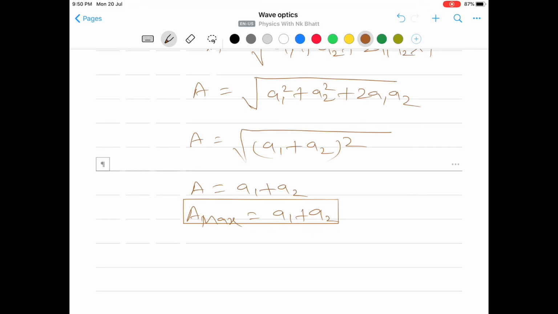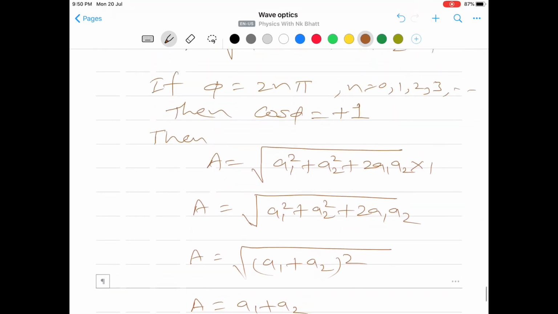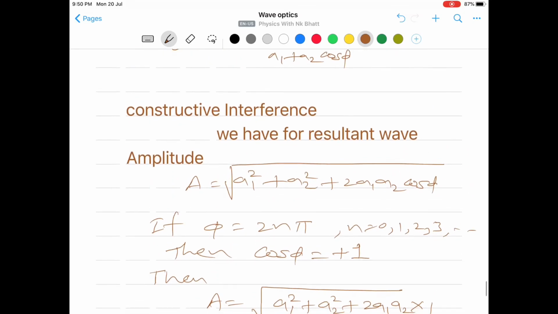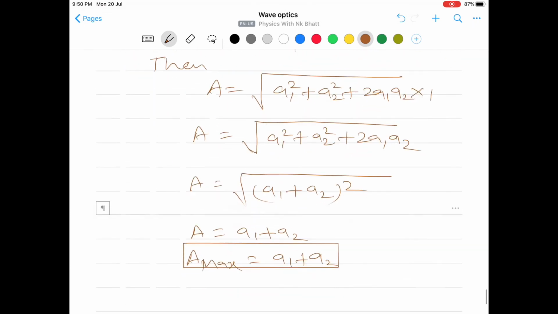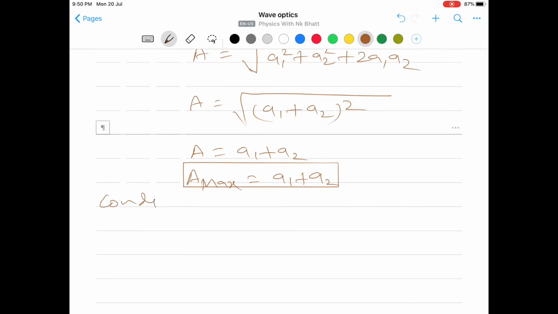So you can see, because we have the idea of constructive interference is the interference in which the amplitude becomes maximum. So this is the condition for constructive interference.